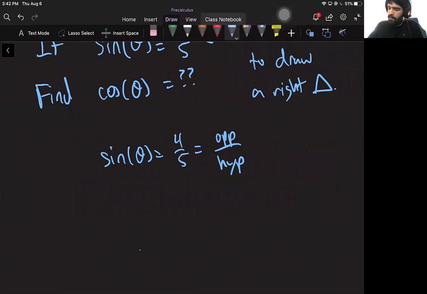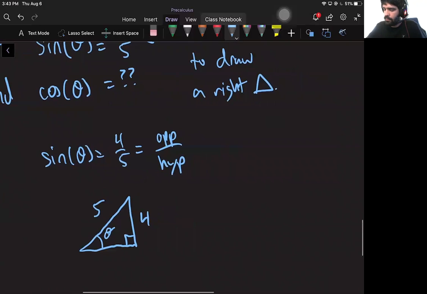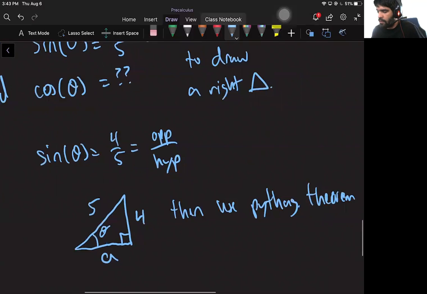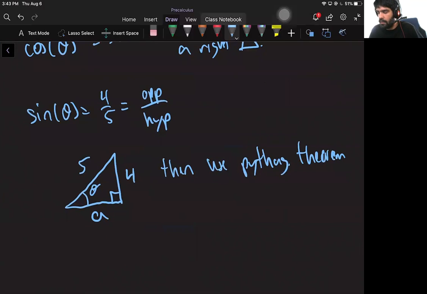So if you just draw your triangle and you pick one of these to be theta, you can then label the opposite side as 4 and the hypotenuse side as 5. And then you can use the Pythagorean theorem to find the adjacent side. So maybe I'll call it A for adjacent, just as a hint.